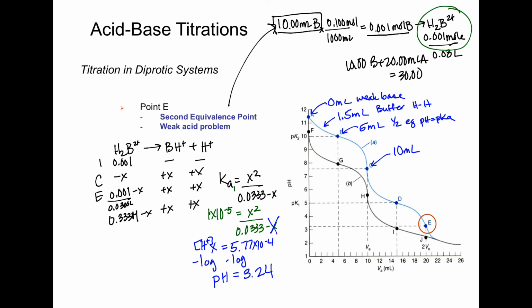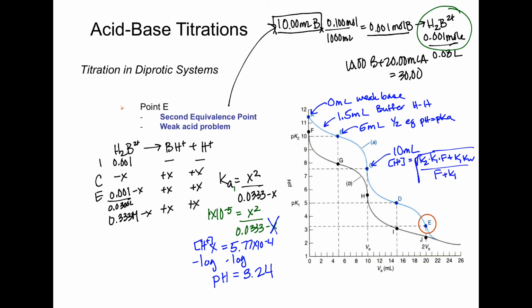At our equivalence point, we used the equation that we had developed during the systematic treatment of equilibrium, which was the square root of K2 times K1 times the formal concentration plus K1 times Kw, over the formal concentration plus K1.